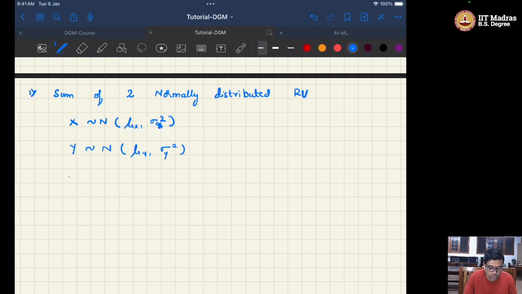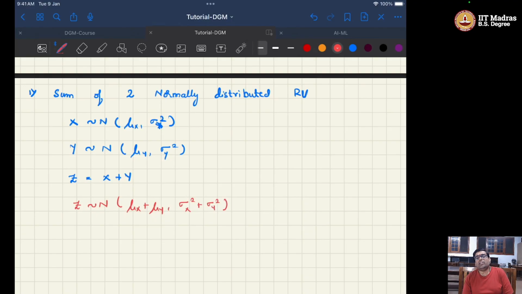Now we want to know how z looks like. z is x plus y, and intuitively it makes sense to say that z is normally distributed with mu x plus mu y, comma, sigma x square plus sigma y square.